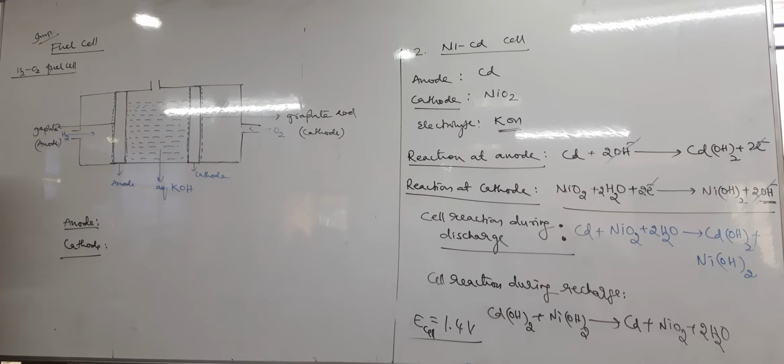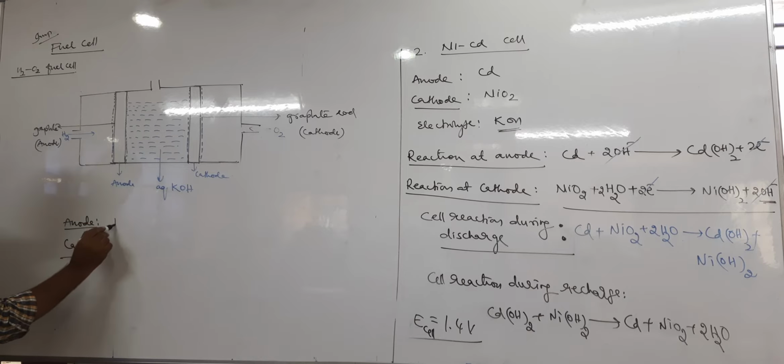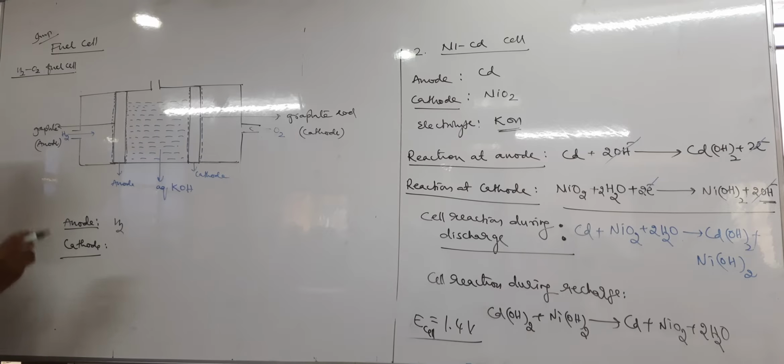When hydrogen gas is bubbled into the KOH through the anode, oxidation takes place at the anode. Hydrogen is involved in oxidation, so H2 undergoes oxidation.